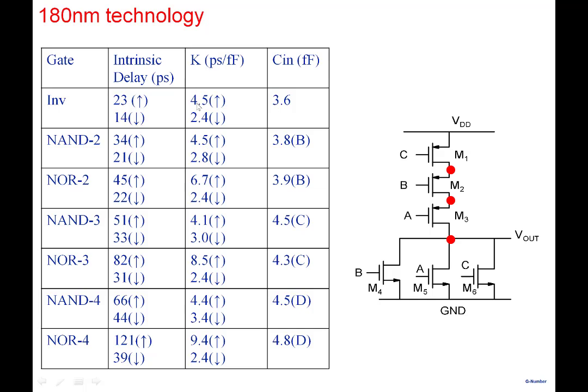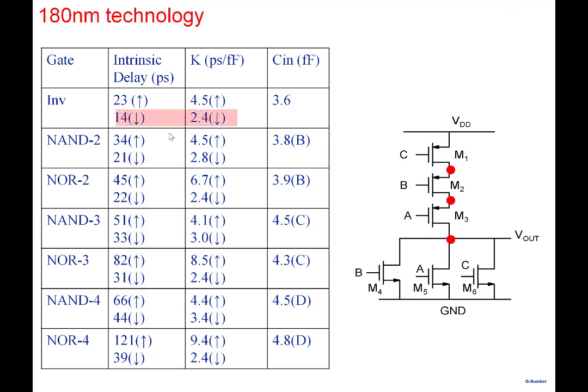This is related to the drive strength: how much does the delay increase if you add 1 femtofarad of external capacitor? And this is the input capacitance of that particular gate here. So you can compare, all the gates are given here: NAND2, NAND3, NAND4, NOR2, NOR3, NOR4. So what we can do is compare the following.